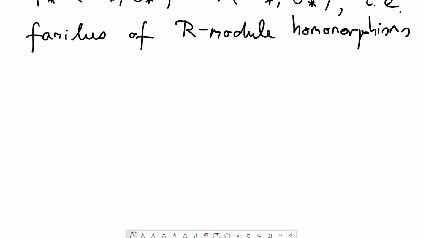So let's put this down. These are families of R module homomorphisms, so each one is one such R module homomorphism going from C star to D star.